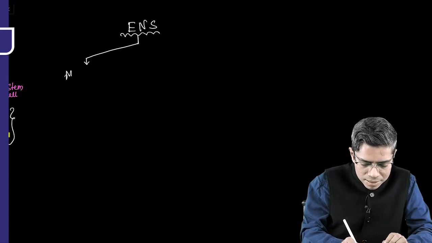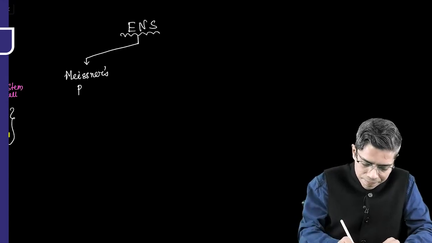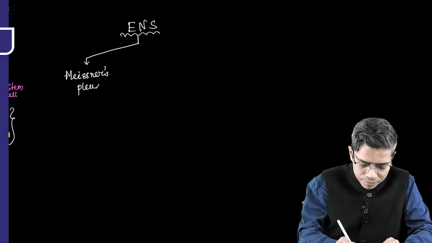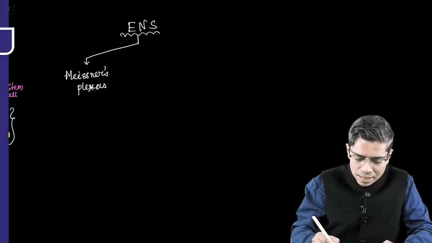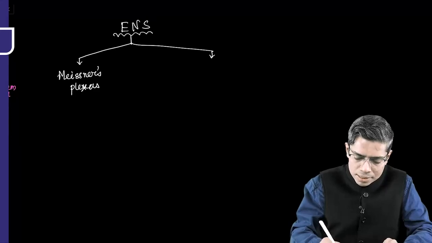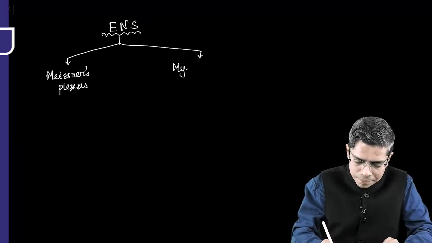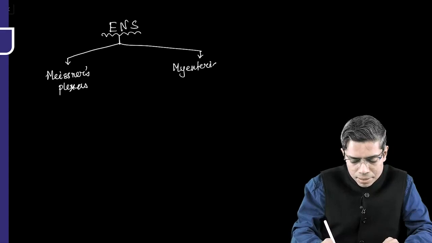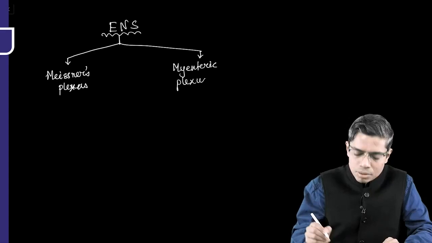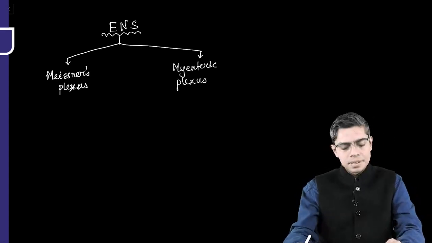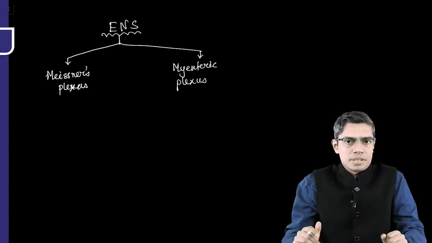One is known as the Meissner's plexus, okay, and the other one is known as myenteric plexus, or Auerbach's plexus, right? So this is part of enteric nervous system.